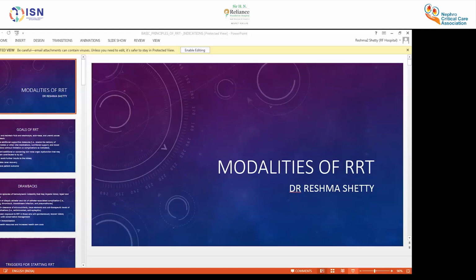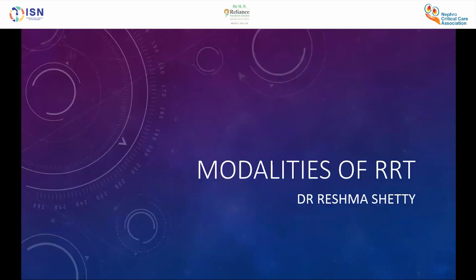Whenever you are calculating, one consideration is high flux versus low flux membrane. As you asked the question rightly, why do we want to use low flux or intermediate flux? Why not dialyze all patients on high flux membrane, where clearance will be better, middle molecule clearance will be better, and cytokine removal will be better?